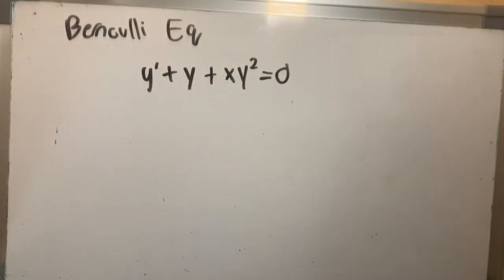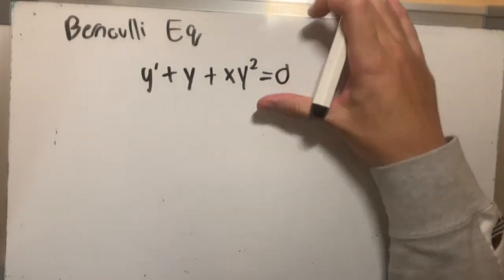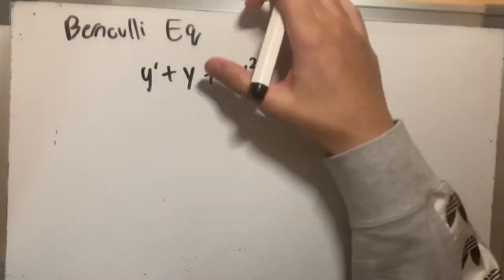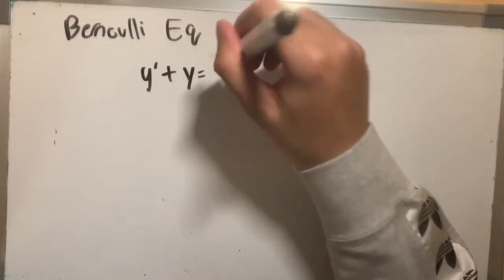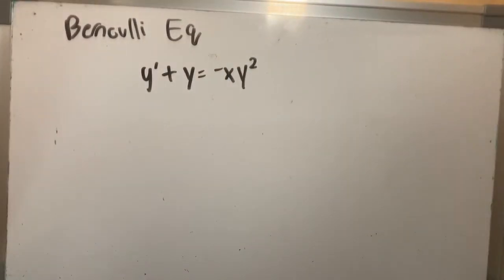What we can do is get it into the general form, subtract this to the other side, so we'll get it equal to negative x y squared. Because we have a y squared, what do we do? We've separated the linear y's at least on one side. Now we got this y squared.